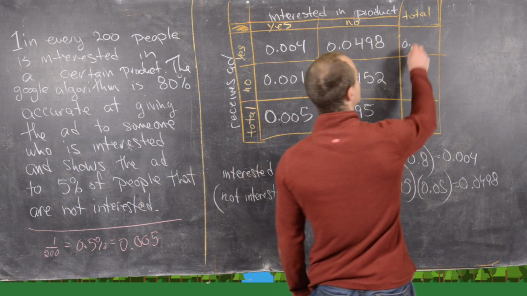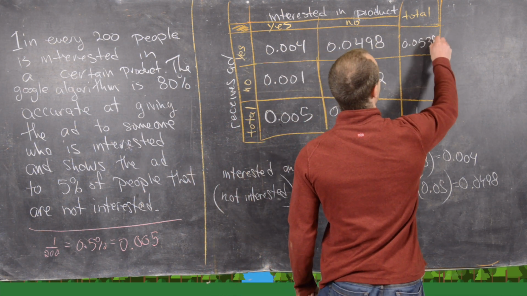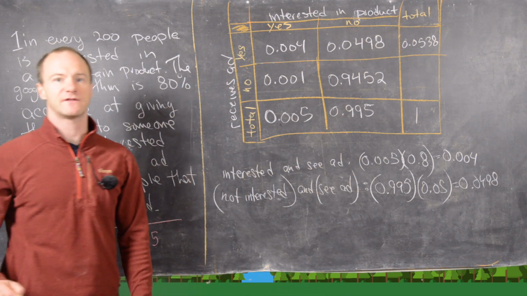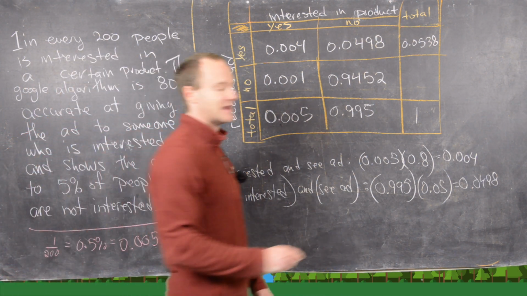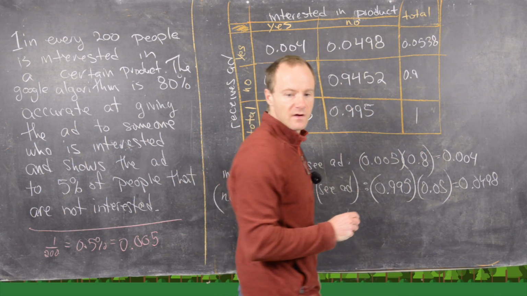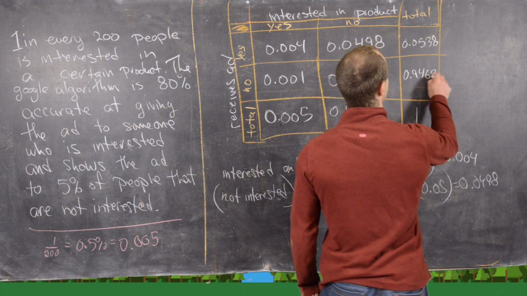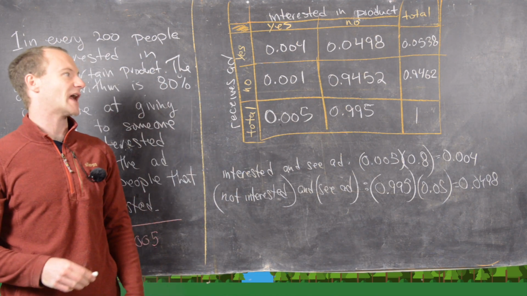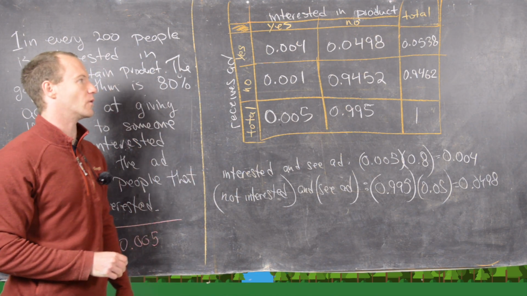So this is 0.0538. So that's the proportion of the population that sees the ad, and then down here we get 0.9462. And now we can just check that if we add that last column, we get a 1.